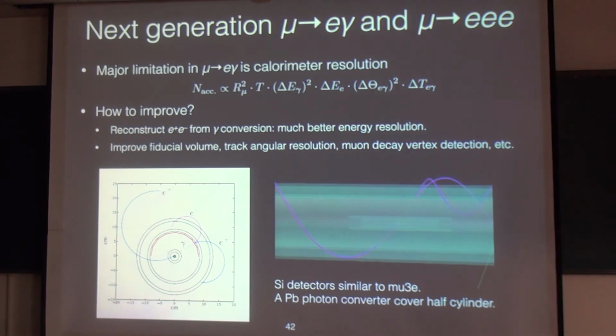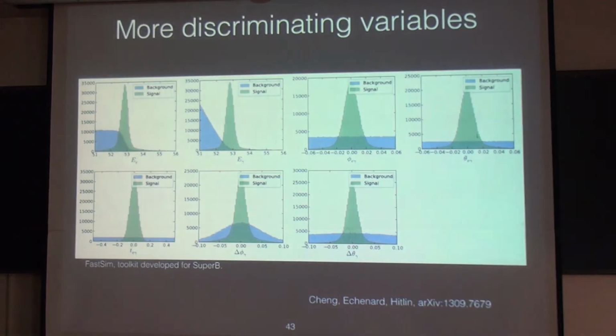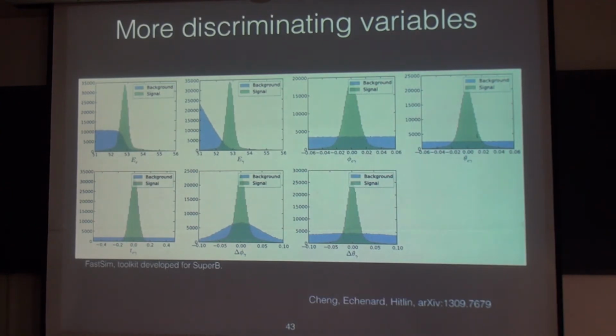Okay, so this is the fast simulation. It's a bit hard to see the 2 tracks converted here and the main primary electron positron. Right. So we did some analyses. In the current mu to e gamma analysis, they use 5 variables: E gamma, the opening angle, and the timing.